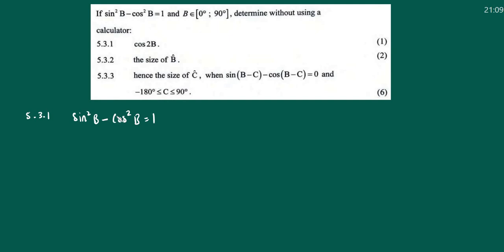So what does this mean now? I can take cos squared to the right, it will be negative, and then sine squared would be positive, and then I still have the 1. When I take this side, it's going to be minus 1. Then I'm left with cos squared beta minus sine squared beta, which is the double angle for cos, so this is cos 2 beta, which is equal to negative 1. So that is why it was really just 1 mark.